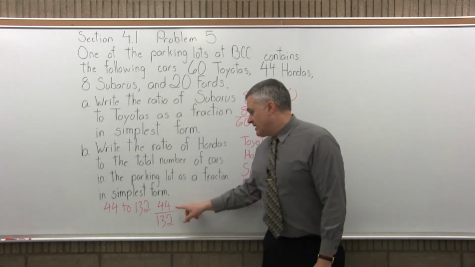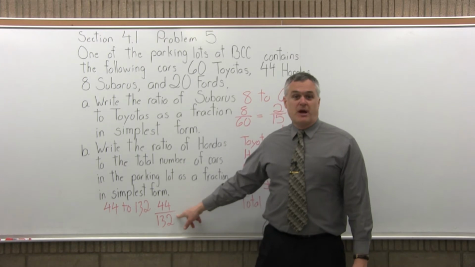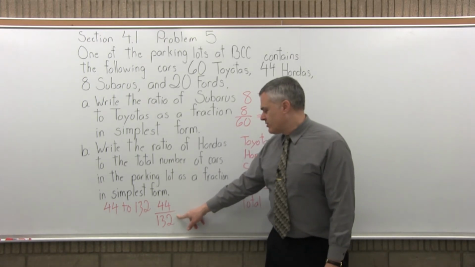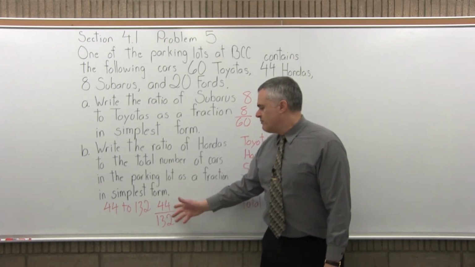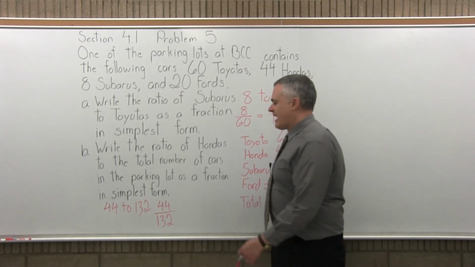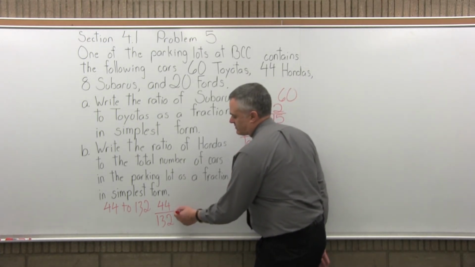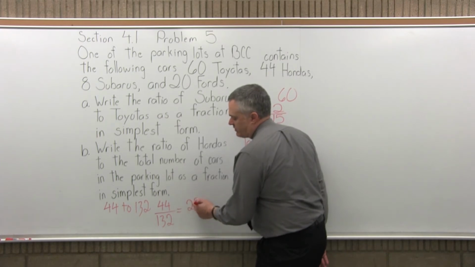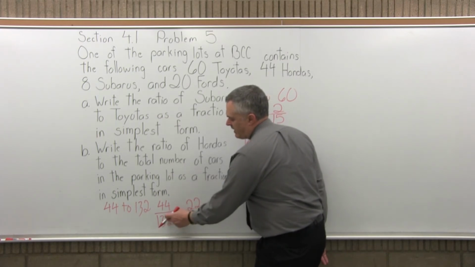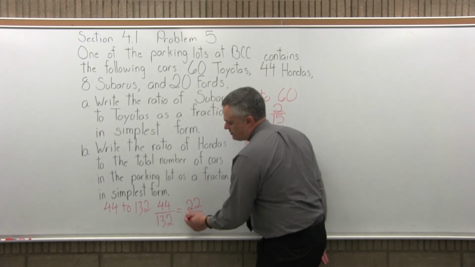Now, they're both even. I'm guessing I can reduce them both by 4, the 44 for sure, the 132 probably also. But since it's even, let's just start with cutting it in half. It's oftentimes faster to just go with what you know. Half of 44 is 22. Half of 132 is 66.